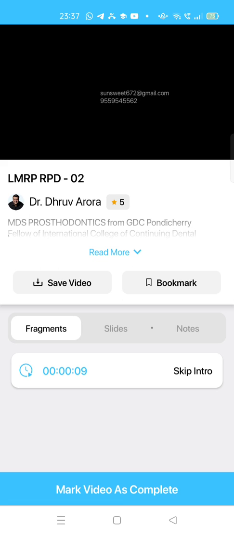Now, this type 1 lever is used in your distal extension RPDs, right? The direct retainer is going to act as your fulcrum. When you talk about distal extension RPDs, type 1 lever, the teeth which are on the RPD are going to be the effort, and the anterior end of the major connector is going to act as your load, right?